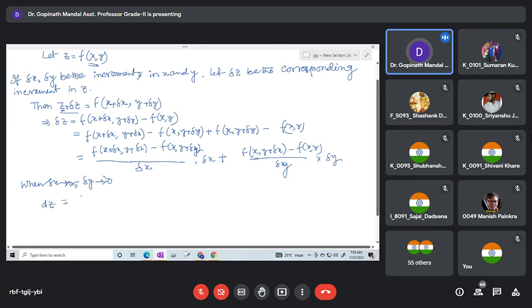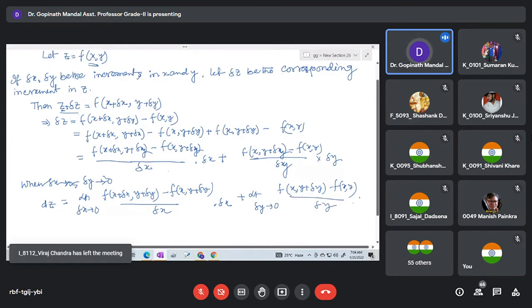This is the limit as delta x tends to 0 of f(x plus delta x, y plus delta y) minus f(x, y plus delta y) by delta x, plus the limit as delta y tends to 0 of f(x, y plus delta y) minus f of xy by delta y.